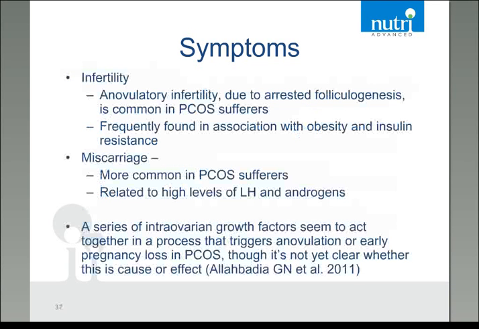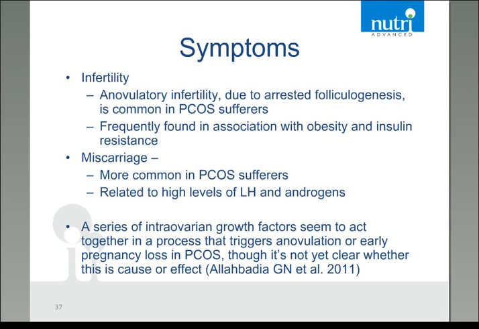So we're now seeing that it's very complex. Symptoms also include infertility, so anovulation, infertility due to arrested folliculogenesis is common in PCOS sufferers, frequently found to be associated with obesity and insulin resistance. More risk of miscarriage, more common in PCOS sufferers and related to high levels of luteinizing hormone and androgens.